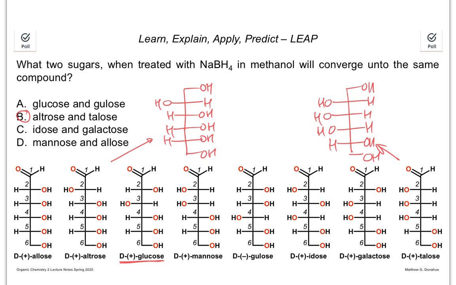What's nice about the Fischer projection is it allows you to figure out these relationships, and also whether things are meso, because with the zigzag notation with wedges and dashes, seeing that can be a little bit harder. But Fischer did a lot of these reactions, not necessarily with these conditions, along with the use of polarimetry to help prove what the structure of glucose ultimately is.